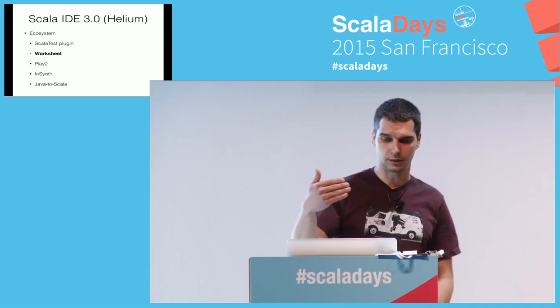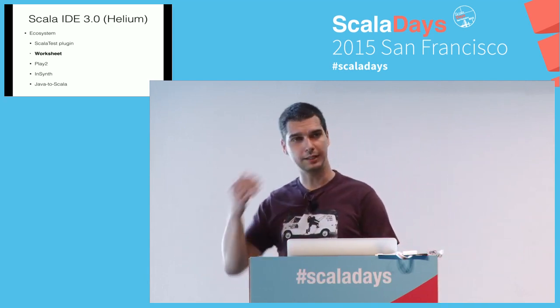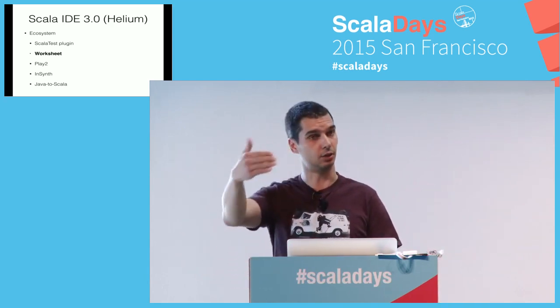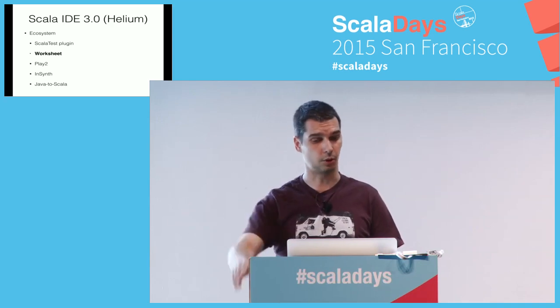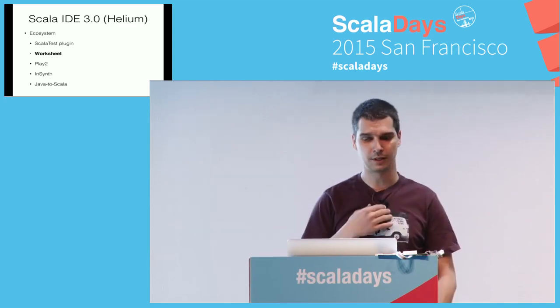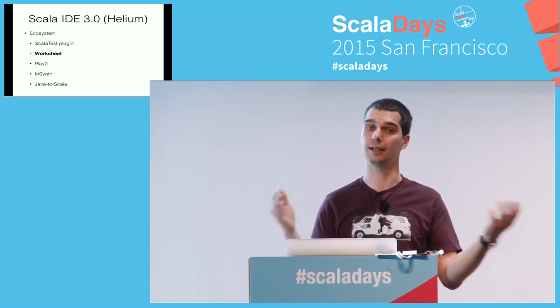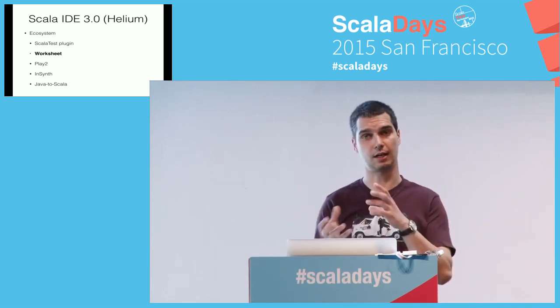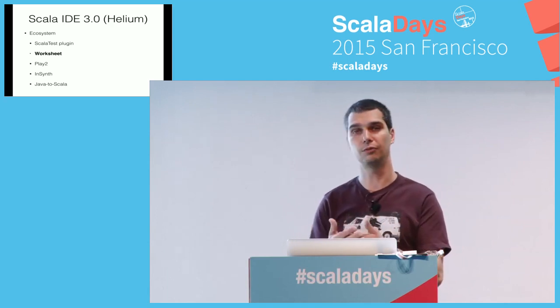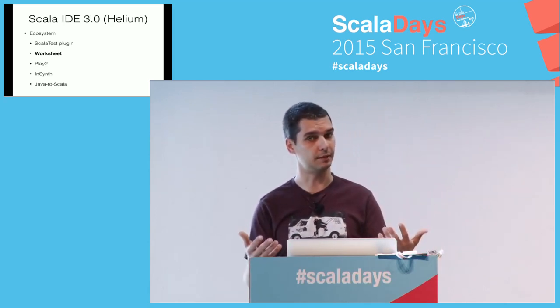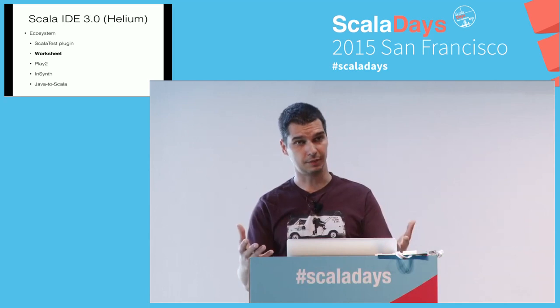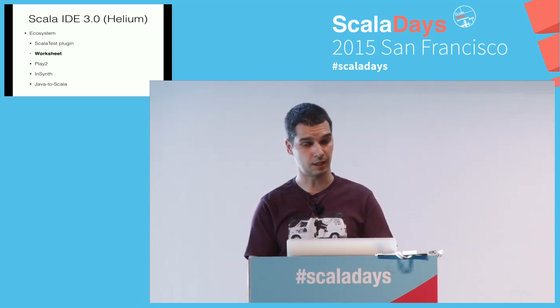As we went forward, Play 2 was another plugin that we added on top of the 3.0 series of the core IDE. So Play 2 templates are quite rich. So you have HTML in there, but you can also have Scala snippets. So we wanted to give you a nice way of editing these templates with errors, with all the type safety that you'd expect from Scala.